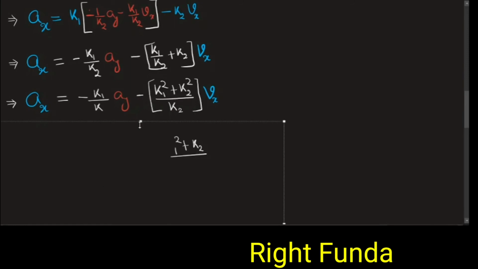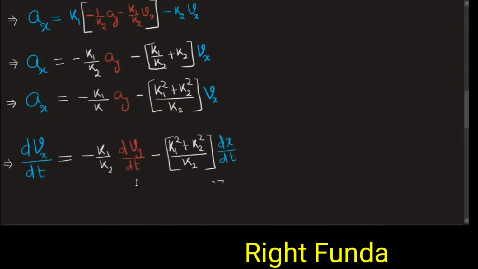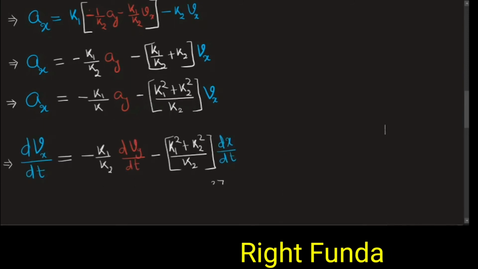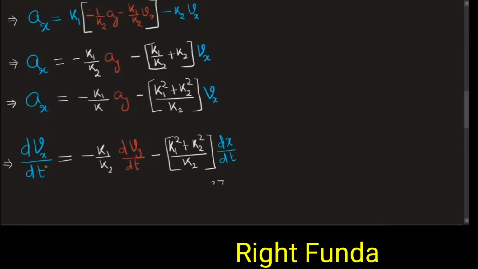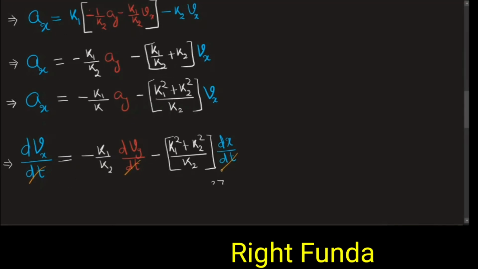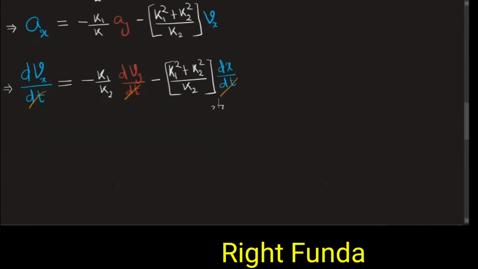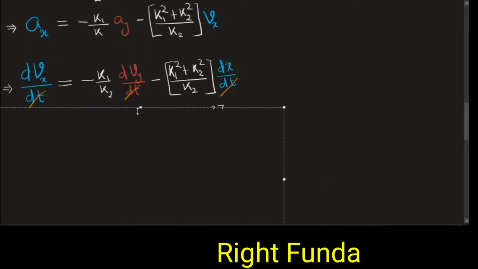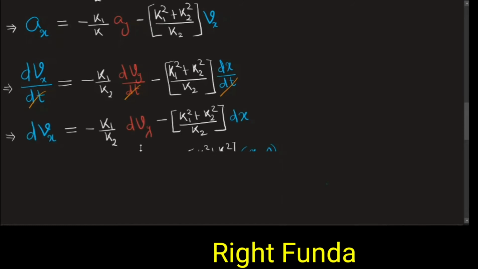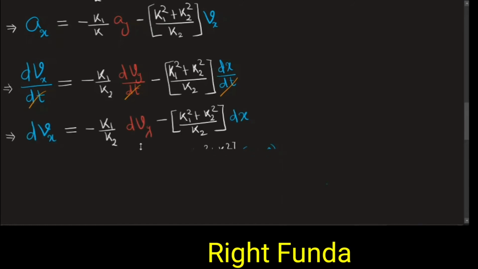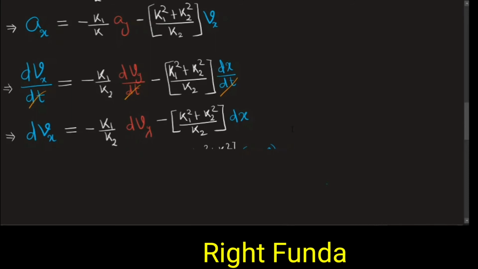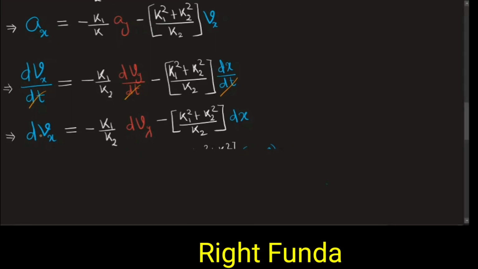If I write those velocities, then I get this equation. And luckily, this dt will be cancelled. If I cancel this dt, then what I remain with is the equation dvx is equal to minus k1 by k2 dvy. Now I can integrate these equations.